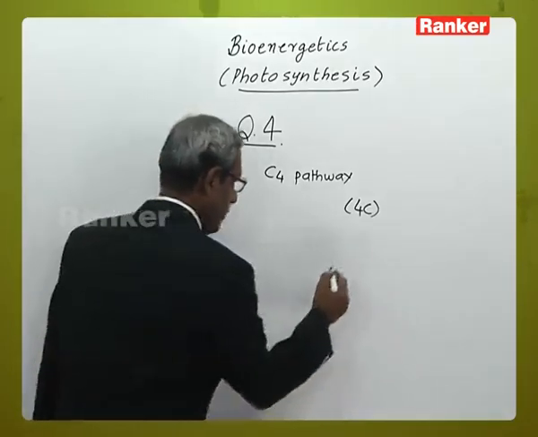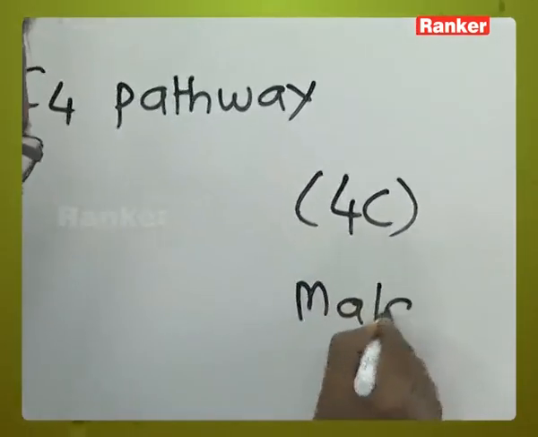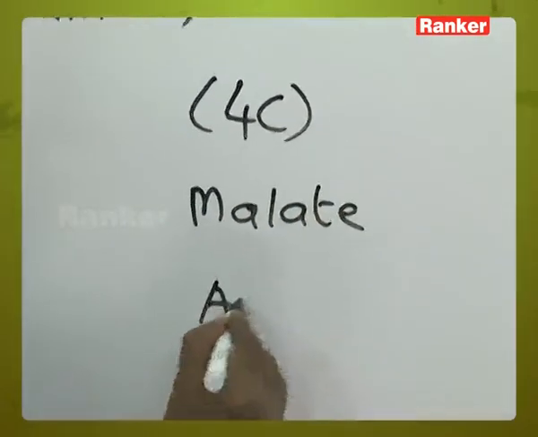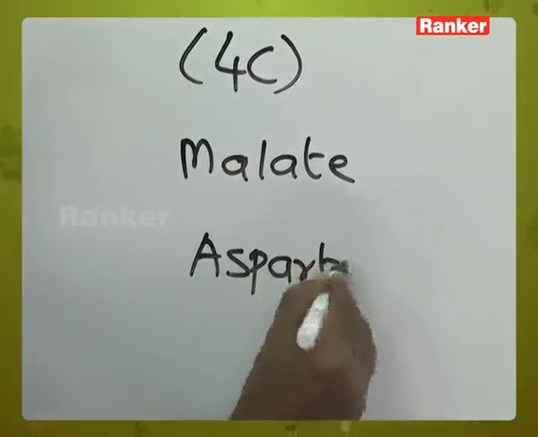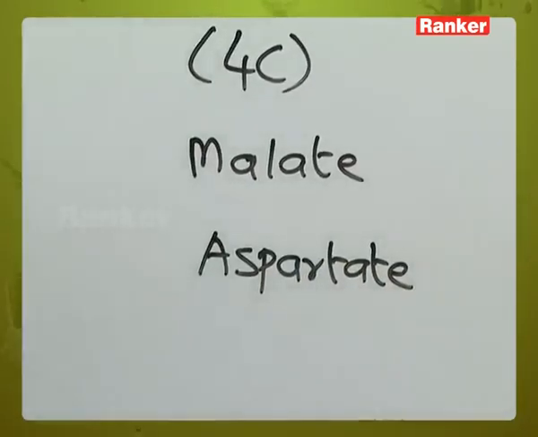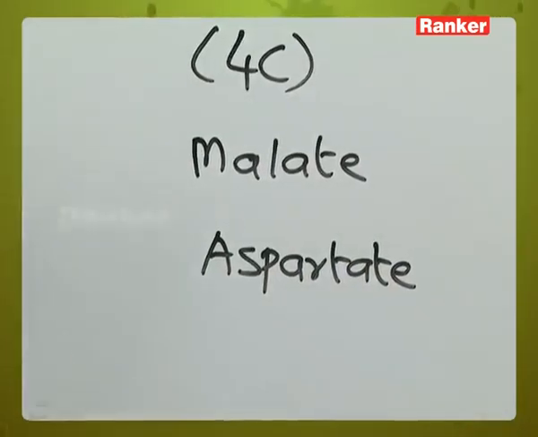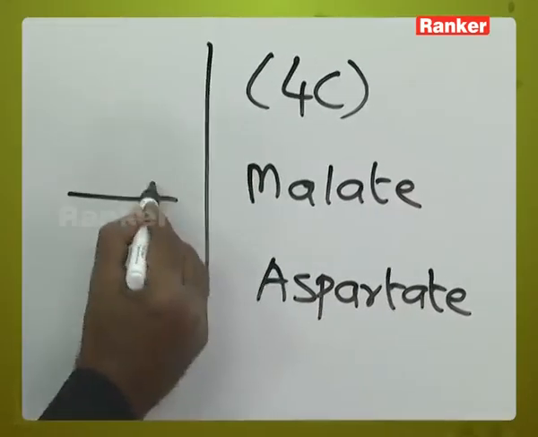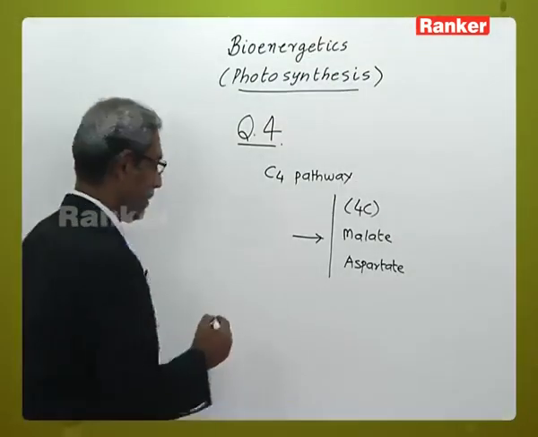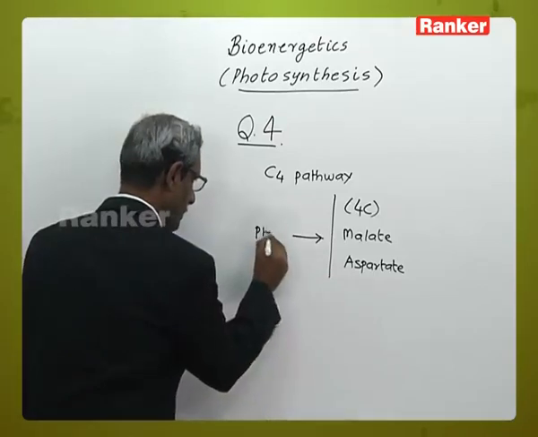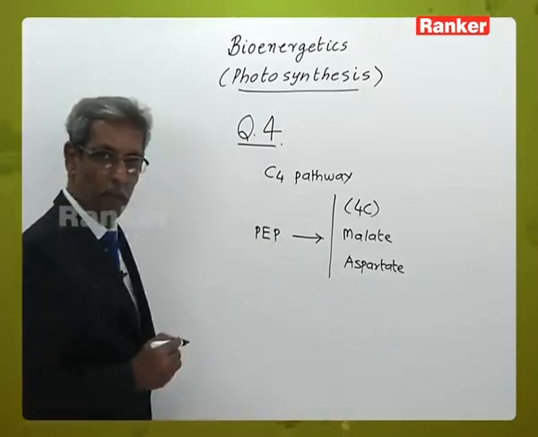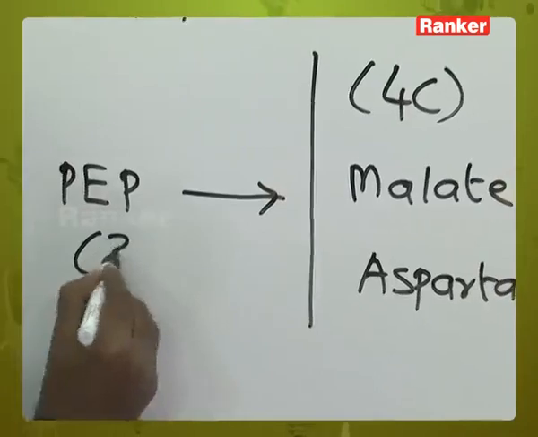The 4 carbon compounds are malate as well as aspartate. The malate and aspartate are the 4 carbon compounds which are formed from phosphoenol pyruvate. Phosphoenol pyruvate is a 3 carbon compound.